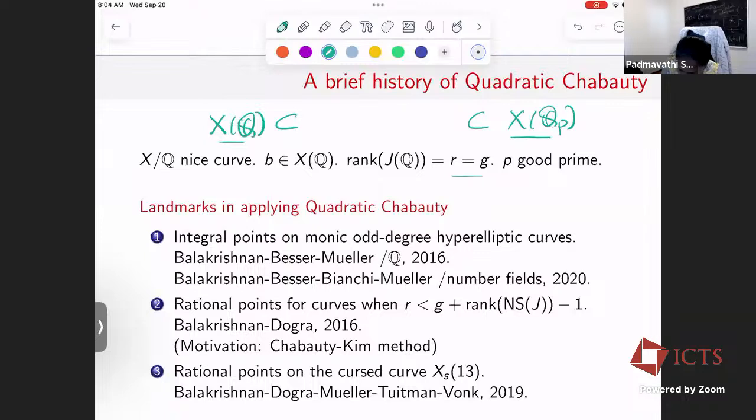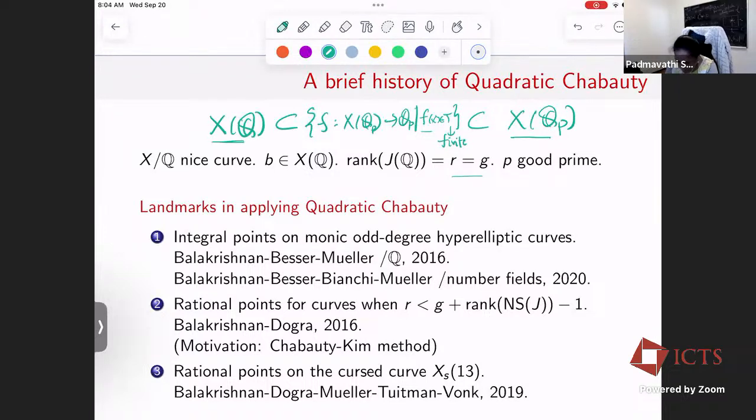And in this case, the method gives you certain P-adic analytic functions on the Q_p points, and you tend to find the rational points inside certain level sets for this analytic function, right? So there are finitely many values that this analytic function takes on the set of rational points.